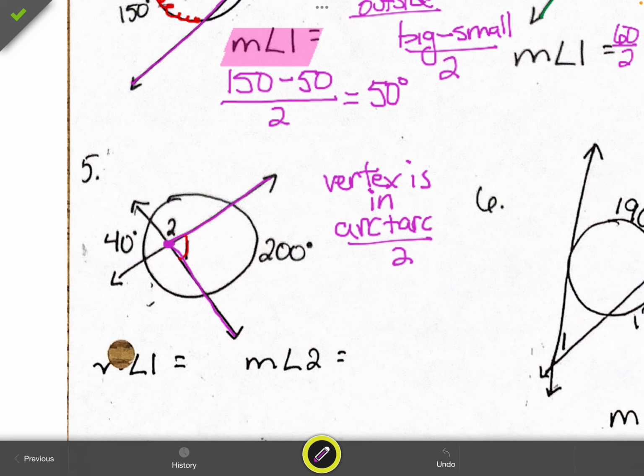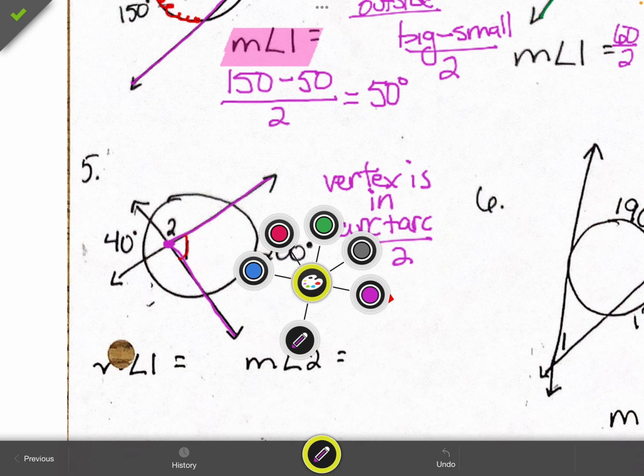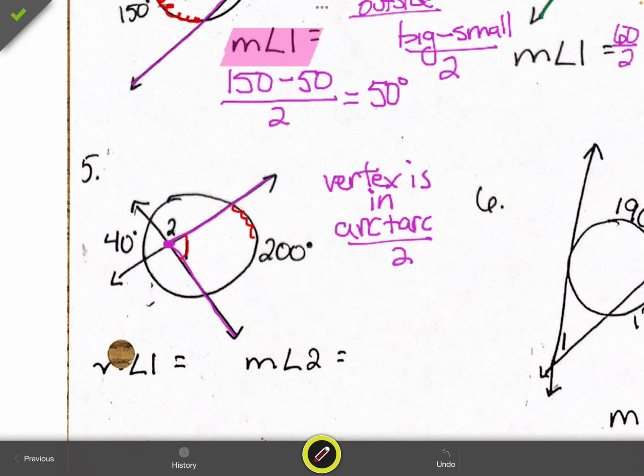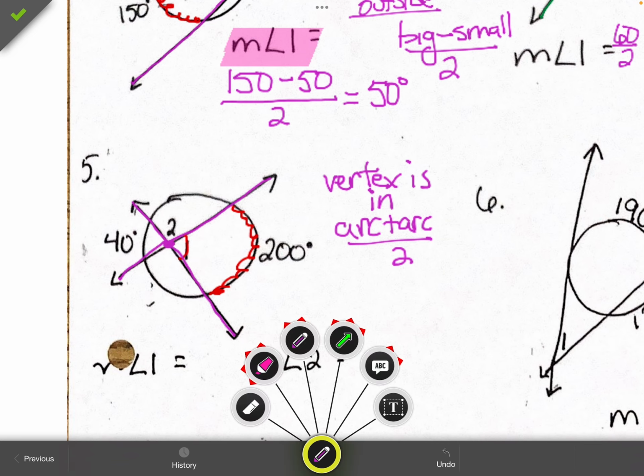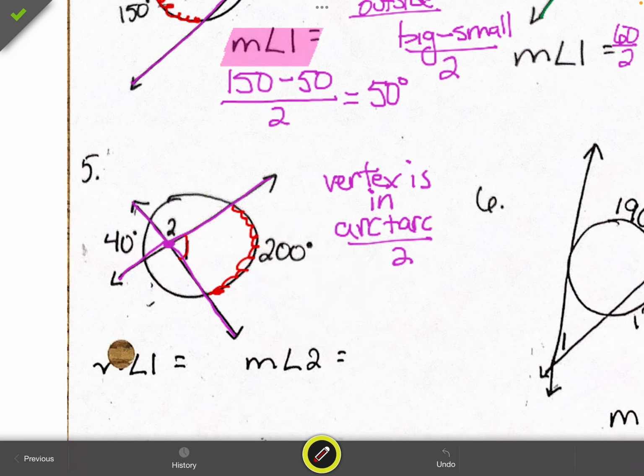Okay, so remember, this is where you have to use your vertical angles. So I need this arc that's intercepted by angle 1, but I also need to look at the vertical angle, which would be this one right here, and that intercepts this arc.